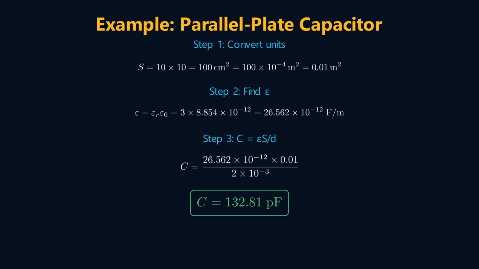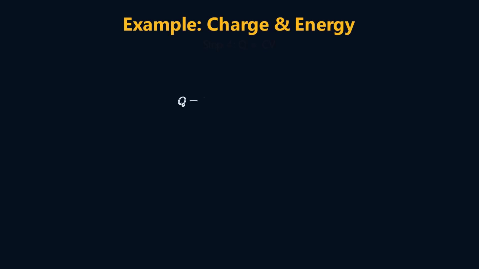Step 2. Find the permittivity. Epsilon equals epsilon r times epsilon 0 equals 3 times 8.854 times 10 to the negative 12. That gives epsilon equals 26.562 times 10 to the negative 12 farads per meter. Step 3. Apply C equals epsilon S over d.